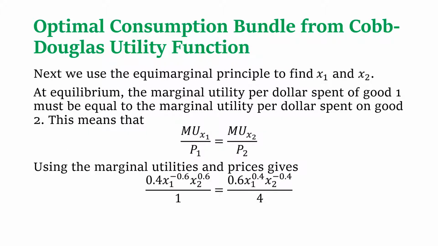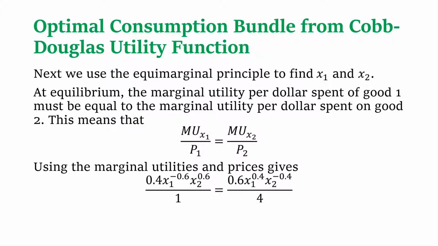So the consumer is in equilibrium when the marginal utility per dollar spent on good 1 is equal to the marginal utility per dollar spent on good 2. This means that MUx1 over p1 equals MUx2 over p2, right?